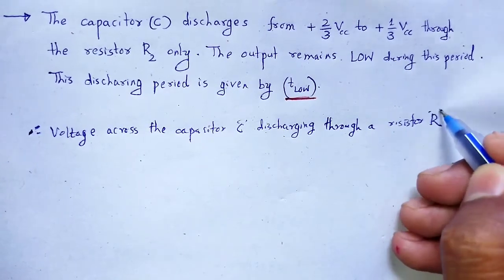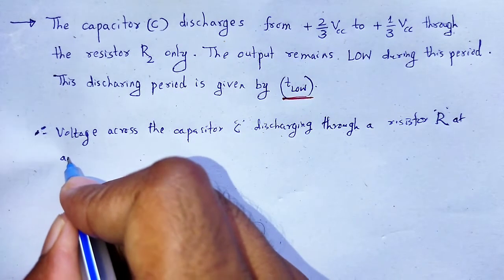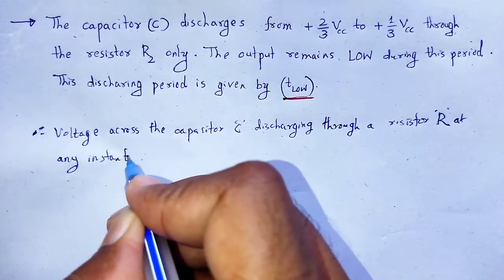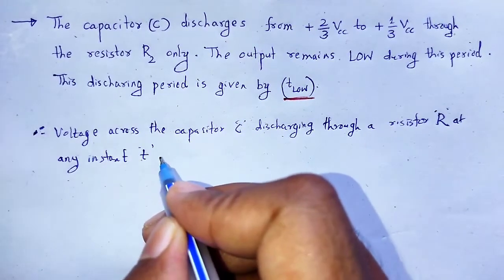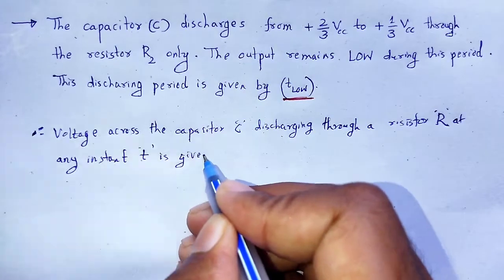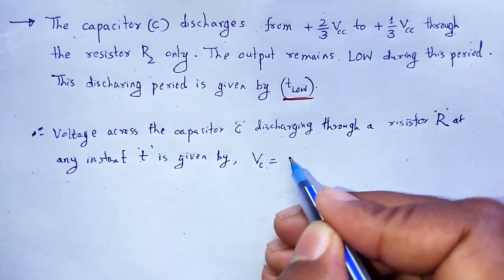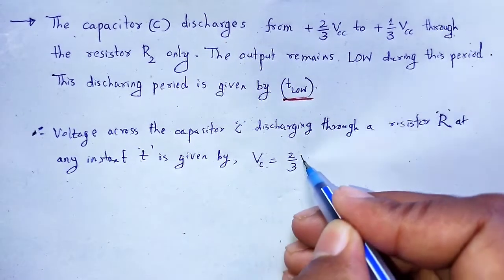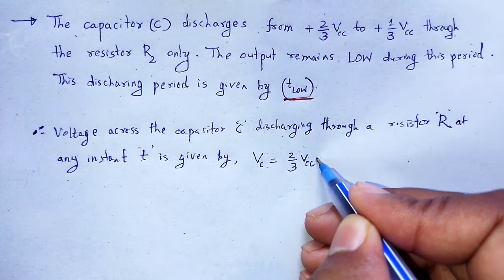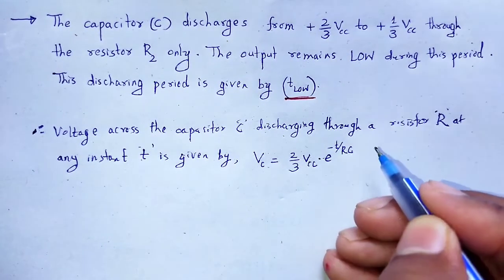Let that resistor be R. At any instant of time t, it is given by Vc is equal to 2 by 3 Vcc e to the power minus t by RC.